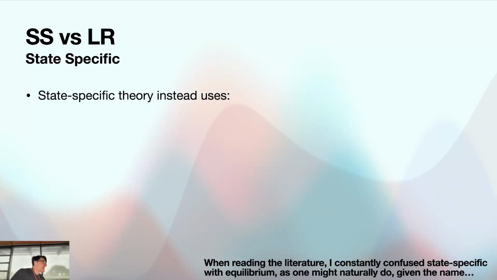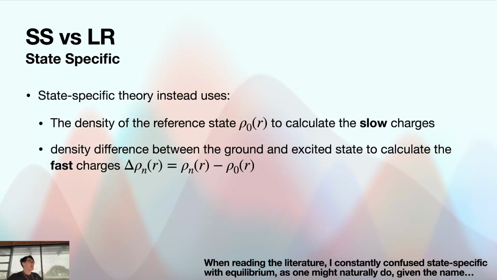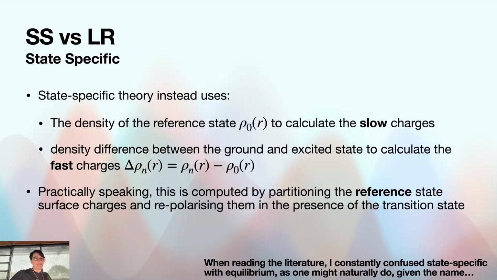State-specific theory instead uses the density of the reference state to calculate the slow charges, and the density difference between the ground and excited state to calculate the fast charges. Practically speaking, this is computed by partitioning the reference state surface charges and repolarizing them in the presence of the transition state.